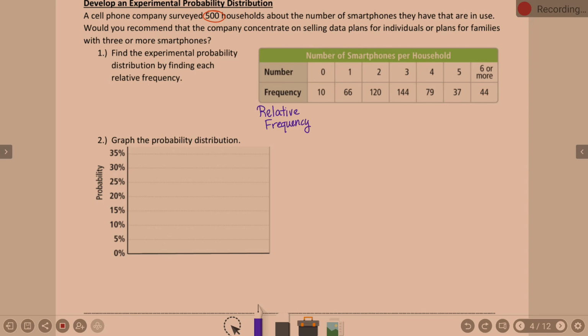I just said there's 10 households that have no smartphones, right? 10 out of how many? 500. So the relative frequency here is 10 out of 500. You're going to want calculators because we're going to change this. Decimals or percents? I have both. We're going to end up talking percents to answer this question. What is 10 out of 500?